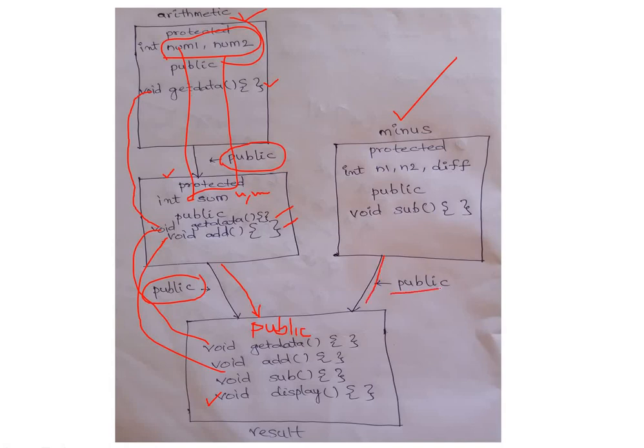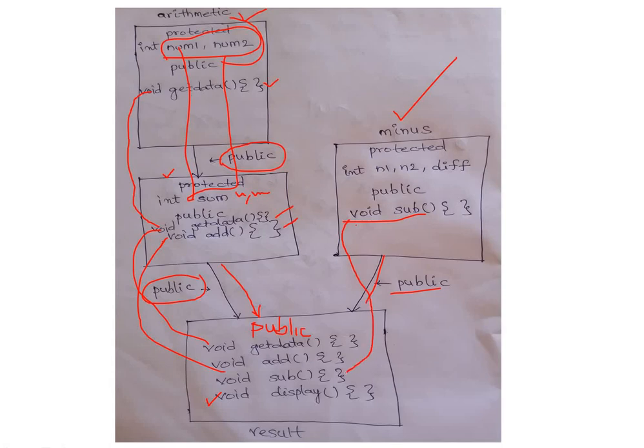When the visibility mode is public, the public members of the other base class, that is void sub, become public members in the derived class. So void sub becomes a public member in the derived class result, right?